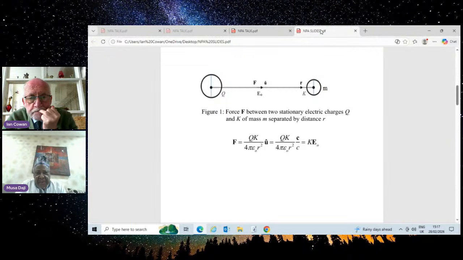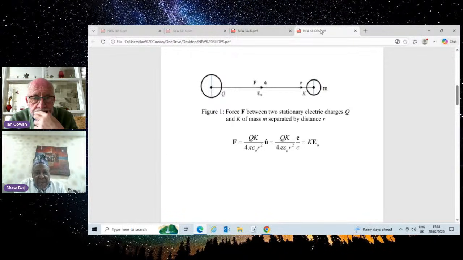This figure 1 illustrates Coulomb's law. As I said earlier, the greatest problem of physics today is making Coulomb's law independent of speed of the charged particle in an electric field.